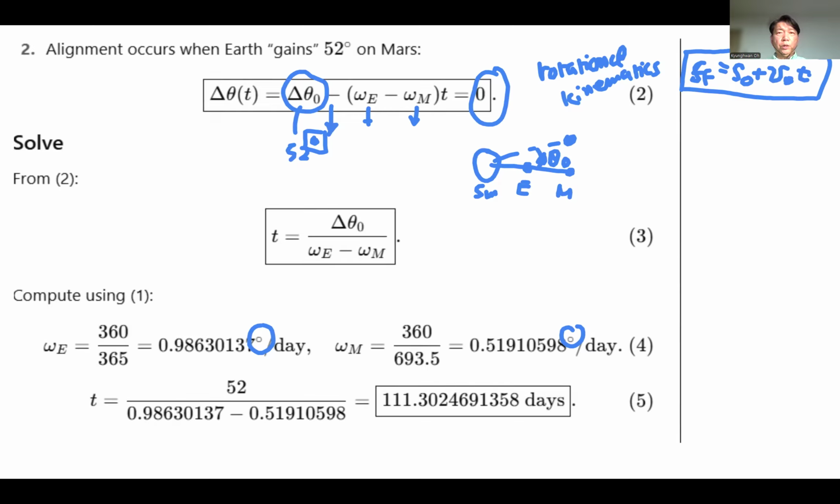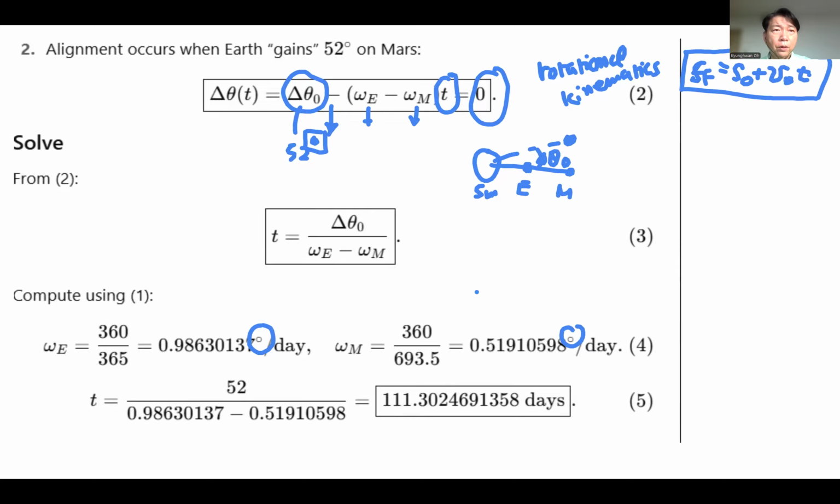So we need to understand the problem. If you look at this in the final form, it looks very simple, but you need to find out what has been given and what has to be found out. So t is unknown. All the other things are actually given. You need to interpret this equation, and then you can get the right one. Another thing is that you have to keep the same dimensions for all the parameters.